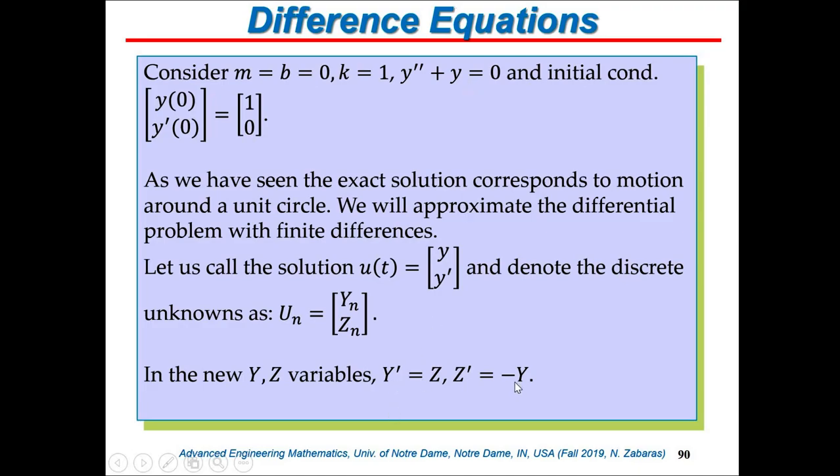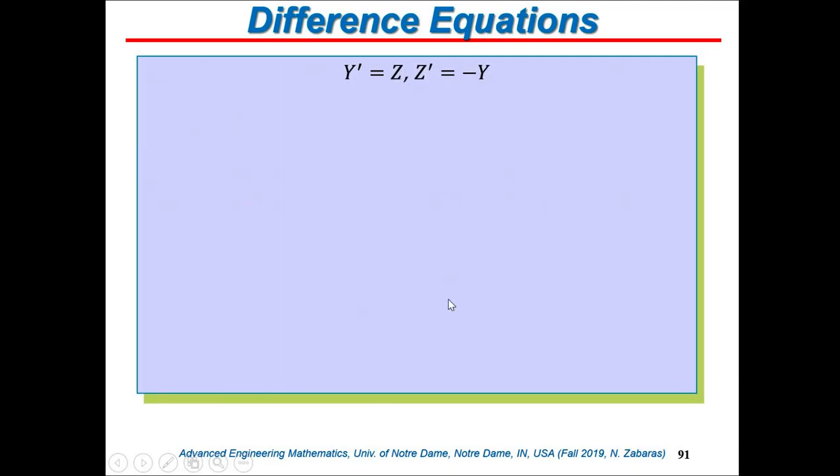So basically I have rewritten this one second order equation as a system of two linear equations in terms of these variables, capital Y and capital Z. And I remind you again, capital Y is the displacement, capital Z is the velocity.